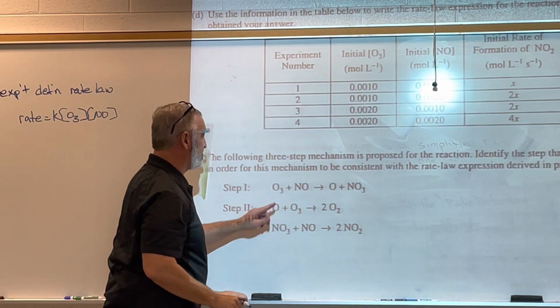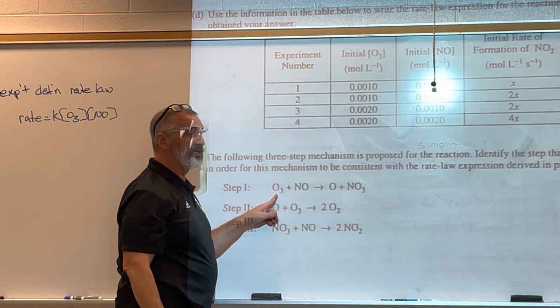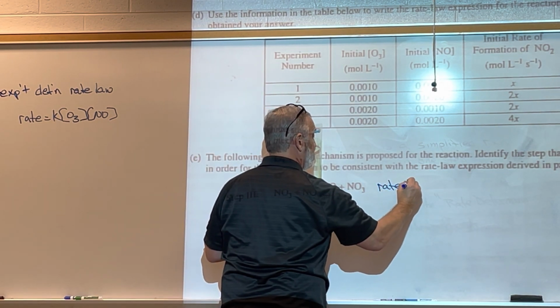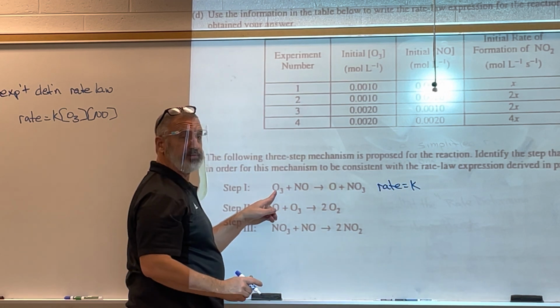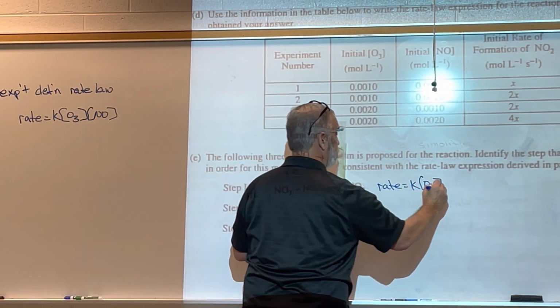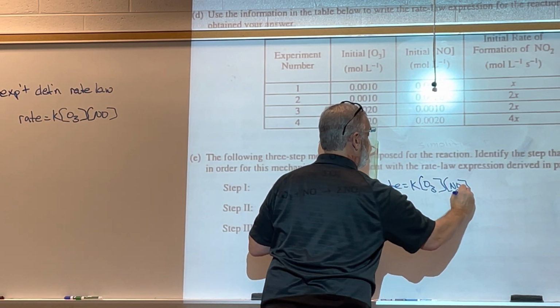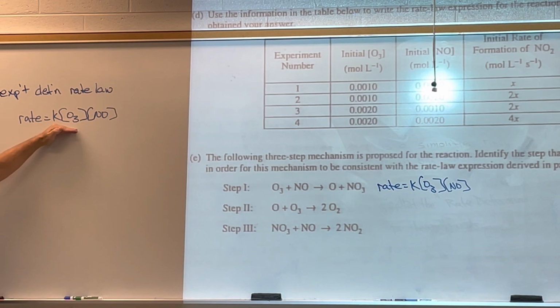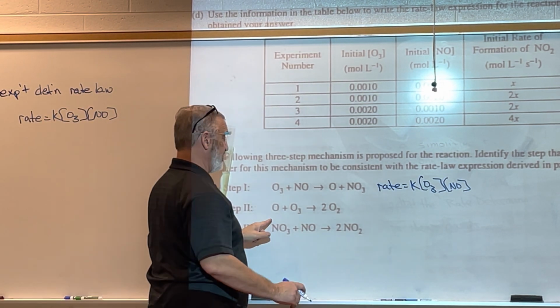So if I look at this, what's the rate law of this going to be? Well, it's going to be rate is equal to k times O3 times NO. That's exactly the same right there. What's the rate law of this one going to be?